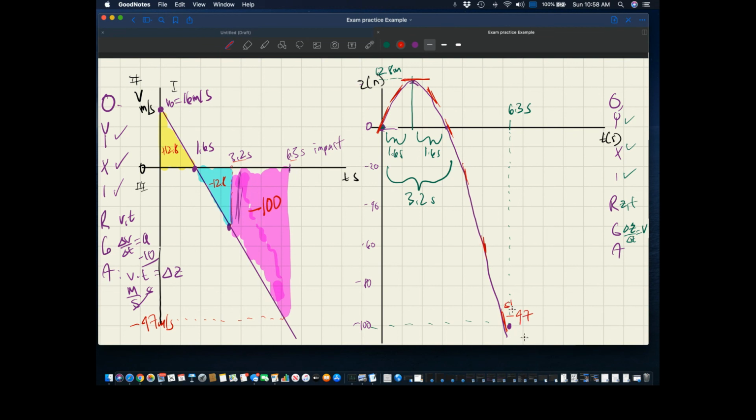Now the area in this case, z times t, meters times seconds, is not a useful quantity to us, so it doesn't tell us anything useful. And that's how we can analytically and graphically and with our average velocity table completely understand the vertical motion of that vertical projectile.